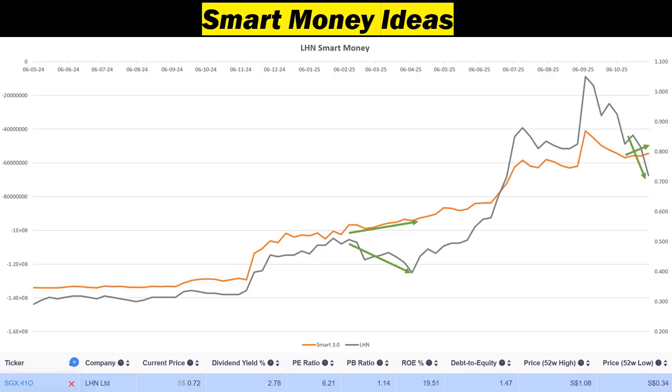early this year, we can see that there's some divergence in the price of the stock to that of the smart money.